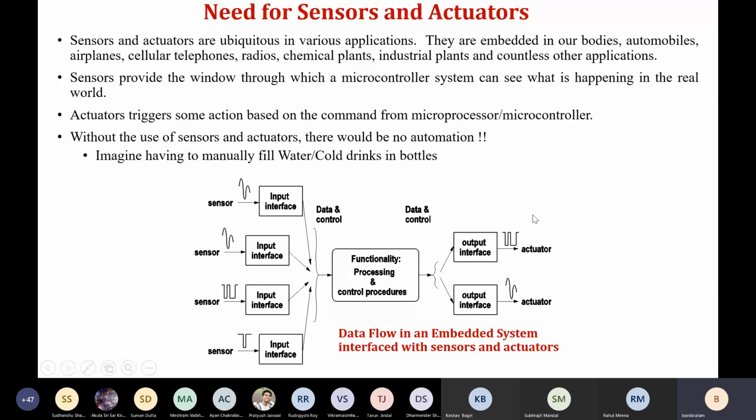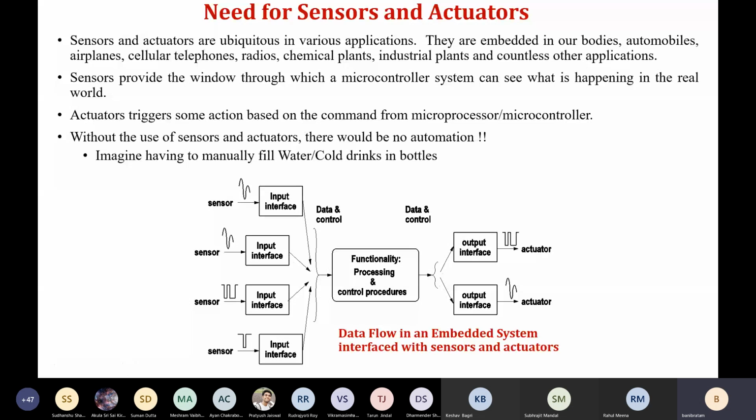Similarly, at the output also, the microcontroller typically gives you a 5 volt signal, right? Depending on my type of actuator, like if you think of some DC motor, that typically requires 12 volt, 24 volt like this.